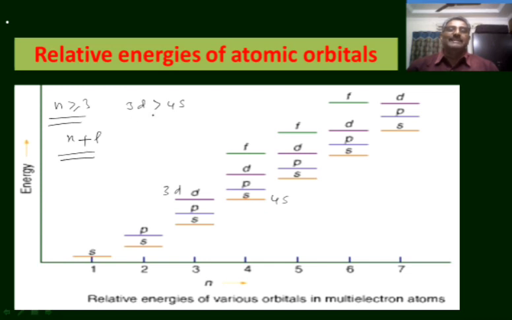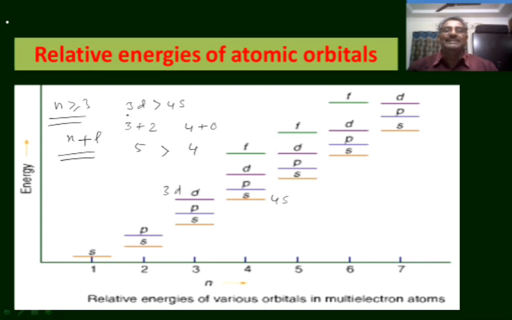For example, in the case of 3d and 4s, the principal quantum number of 3d is 3 and the azimuthal quantum number of 3d is 2, l is equal to 2. So 3 plus 2, and in the case of the 4s orbital, 4 plus 0. 3 plus 2 is equal to 5. 4 plus 0 is equal to 4. You know that 5 is greater than 4.